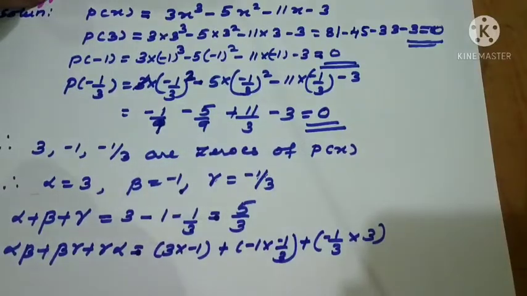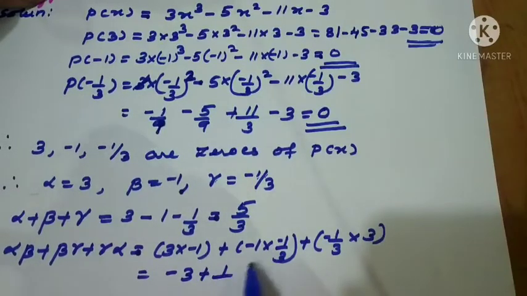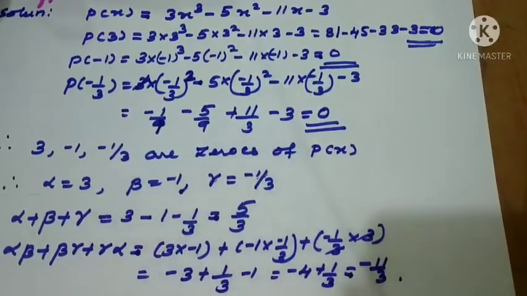So when we are taking 2 at a time, here minus 3 will come, minus into minus is plus, only 1 by 3, the 3 will get cancelled, minus 1. So minus 4 plus 1 by 3, finally you will get the answer minus 11 by 3.